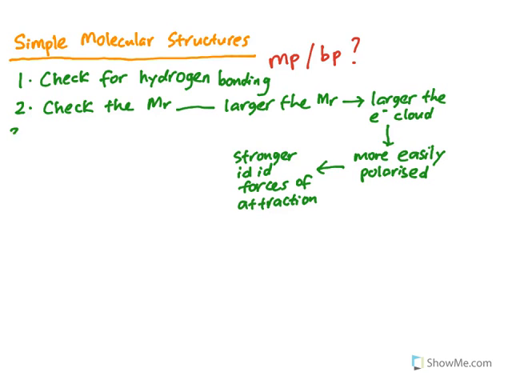Okay, so in the event where the MR is about the same. Remember, about the same. Usually it's not exactly the same, so about the same. For example, MR of 78 versus MR of maybe 80, this is around the same.